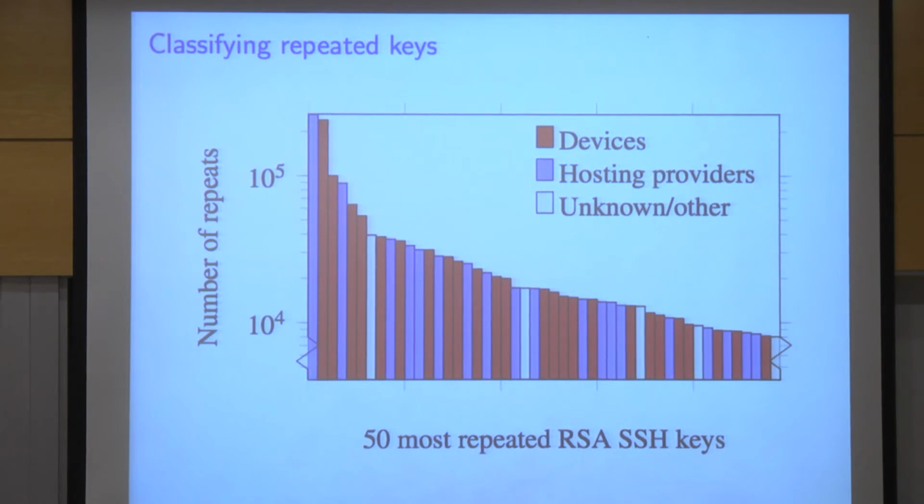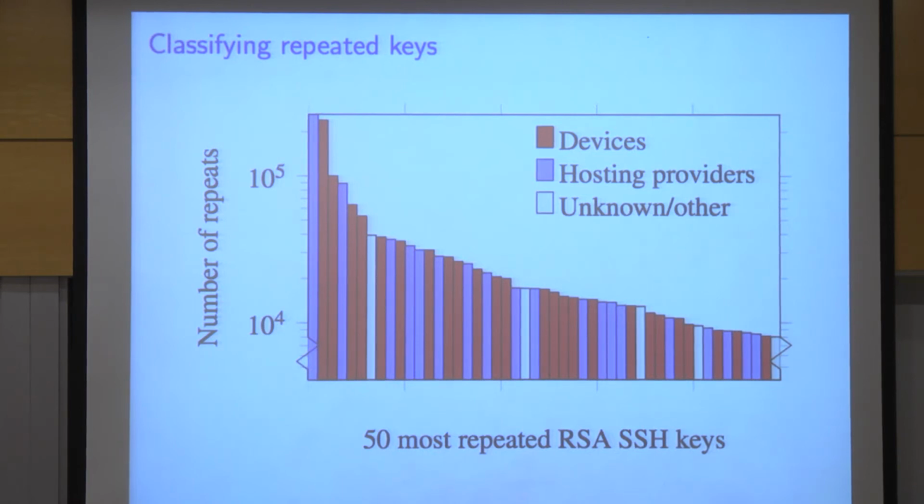In the blue are all of the keys that were obviously associated with some kind of hosting provider, where they may have thousands and thousands of IP addresses, but they only serve one host key. And we're assuming that this is not a vulnerability, that the clients don't actually have access to the private keys when they connect.